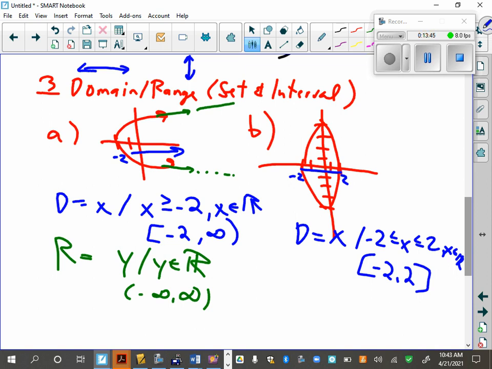All right, the green is from negative 4. The range, all the values of y, such that negative 4 is less than or equal to y is less than or equal to 4, or y is an element of all real numbers. And that means negative 4 to 4 with square brackets.